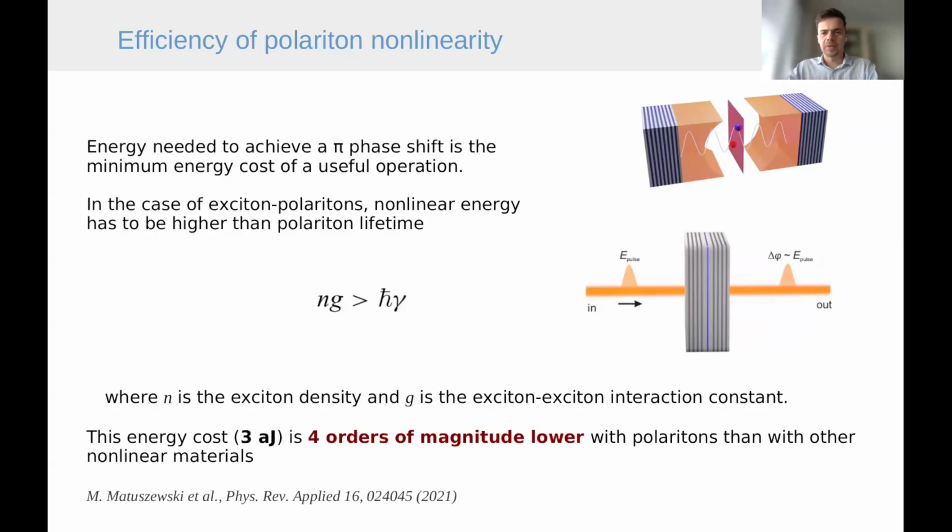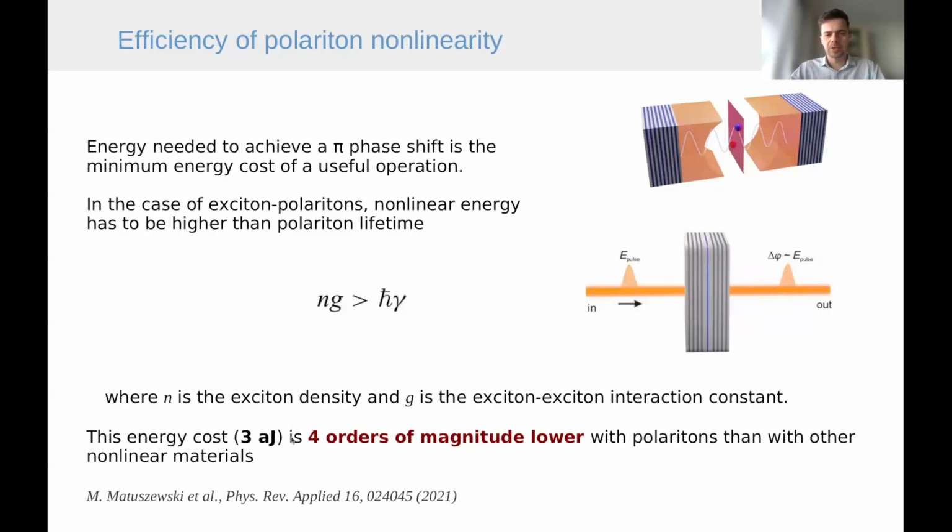Now to achieve a pi phase shift, in the case of exciton-polaritons, we need to have these conditions. This is the density of polaritons in the microcavity, their interaction constant, and gamma is the lifetime of polaritons. Now if we plug in the numbers, we will find out that this energy cost can be as low as 3 attojoules.